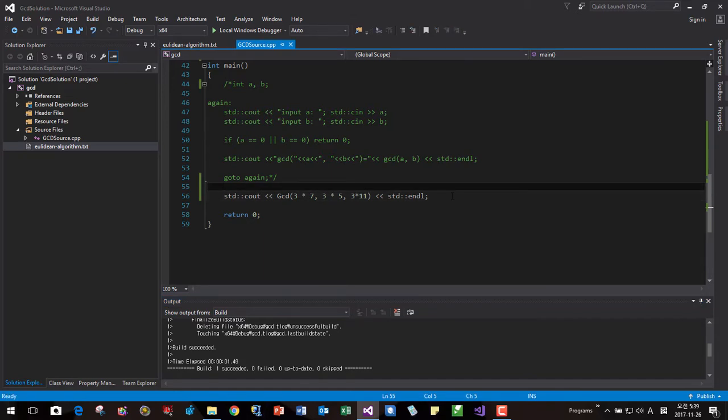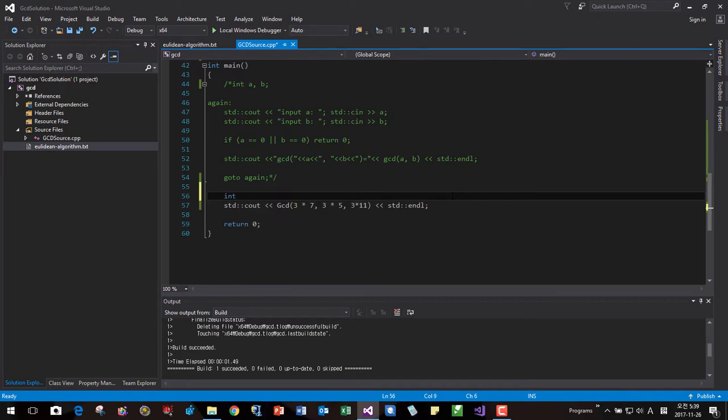Now we can have, like this, int a is 2 times 3 times 5, b equals 2 times 3 times 7, c equals 2 times 3 times 11, d equals 2 times 3 times, I would say 13, for example.